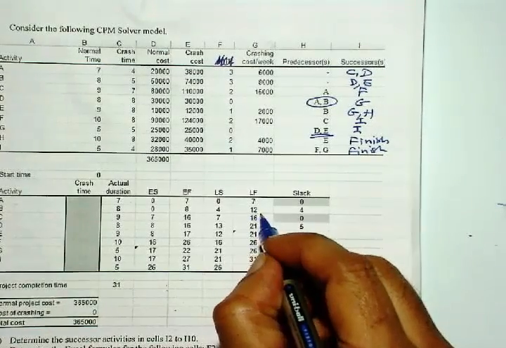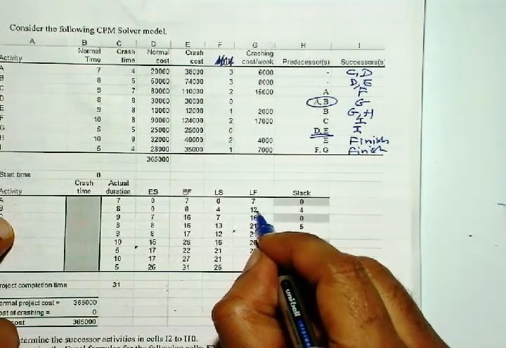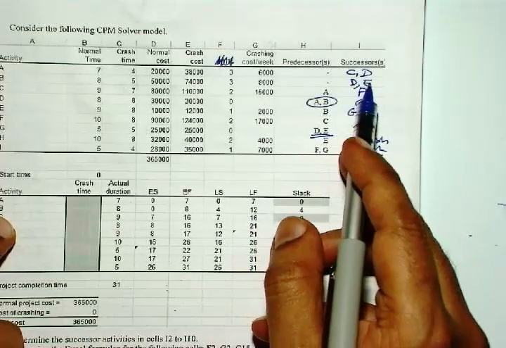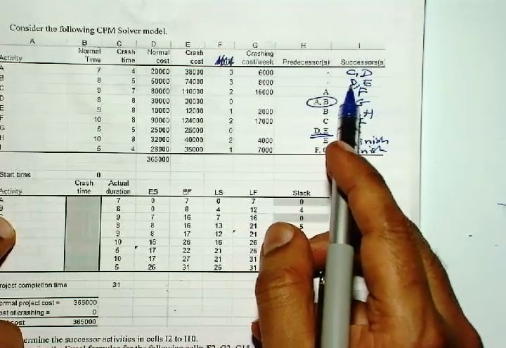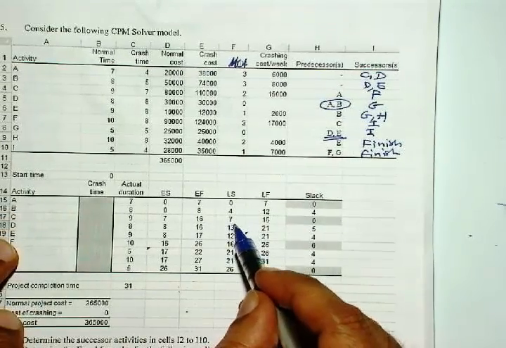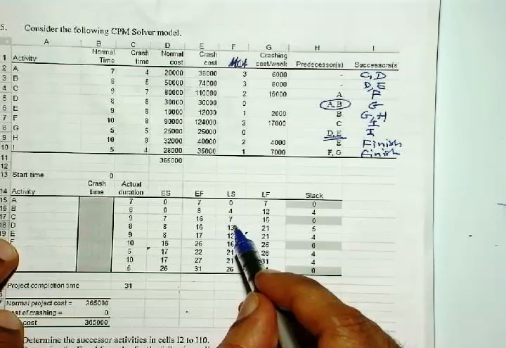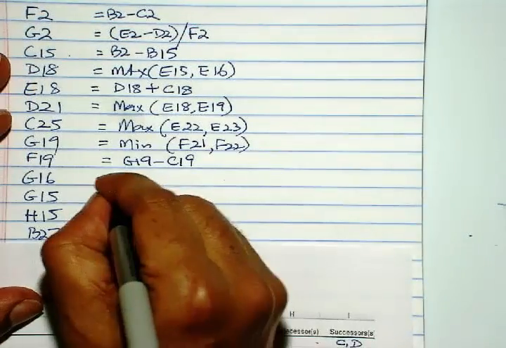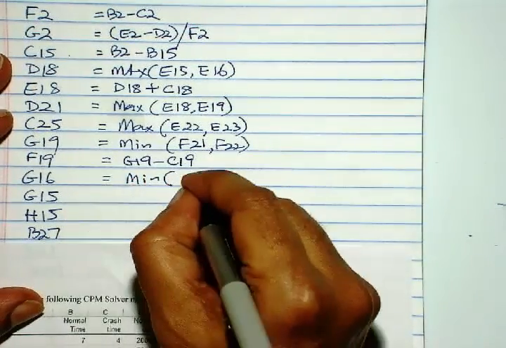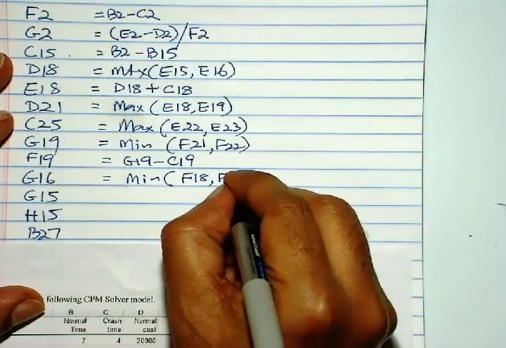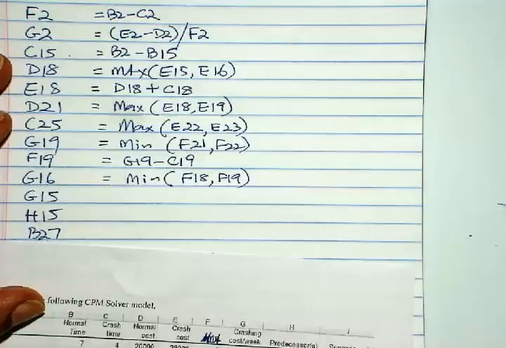The next is G16. G16 is the finish time for B, and for B, the successors are D and E. So D and E, the latest start times are F18 and F19. So it is the minimum of those two. So minimum of F18 and F19. Next is G15.